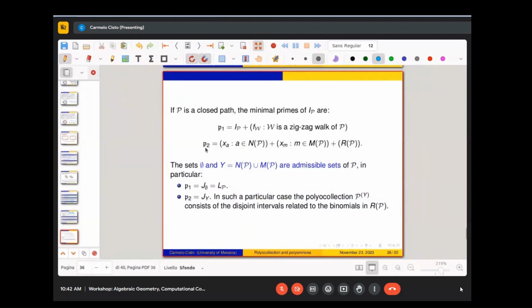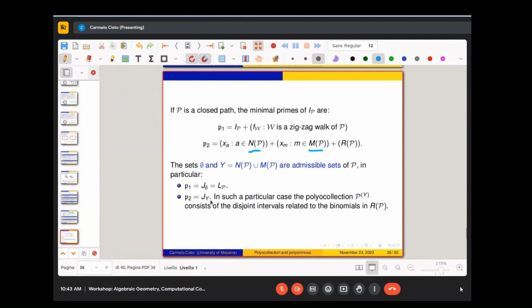While for the ideal P2, if we consider the monomial part, considering the set NP and the set MP, the union of these two sets, we can prove that this is actually an admissible set for the closed path. So, indeed, these two ideals are associated to some admissible set.